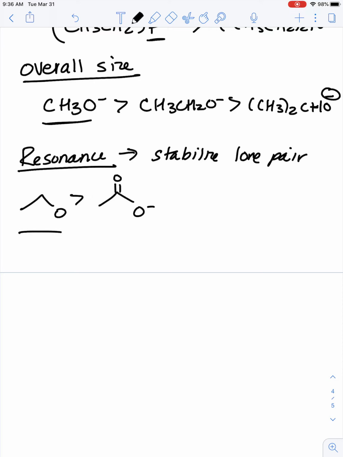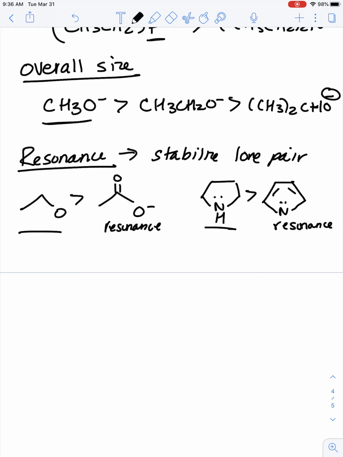So this would be a better nucleophile because this would not have resonance. If we look at these two examples here, this versus this, again, this is going to have resonance. So this compound here does not have any resonance, so it's going to be a stronger nucleophile.